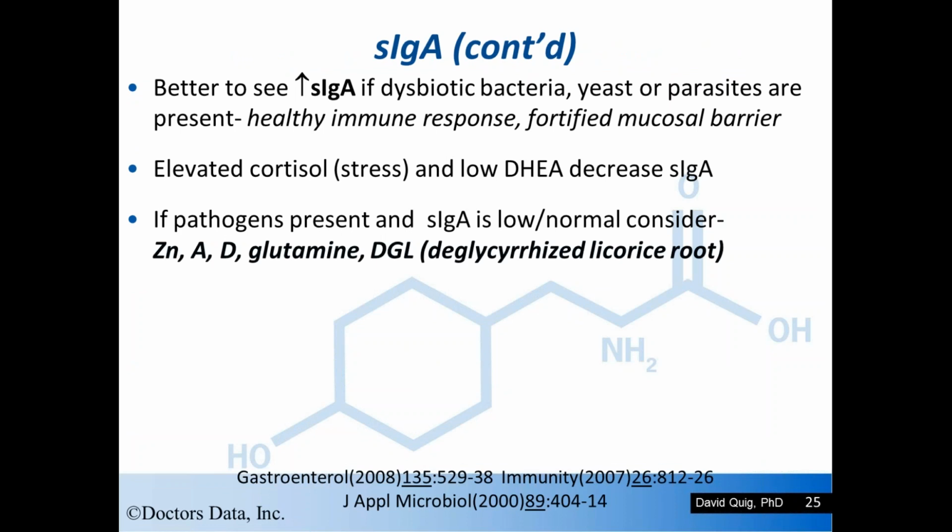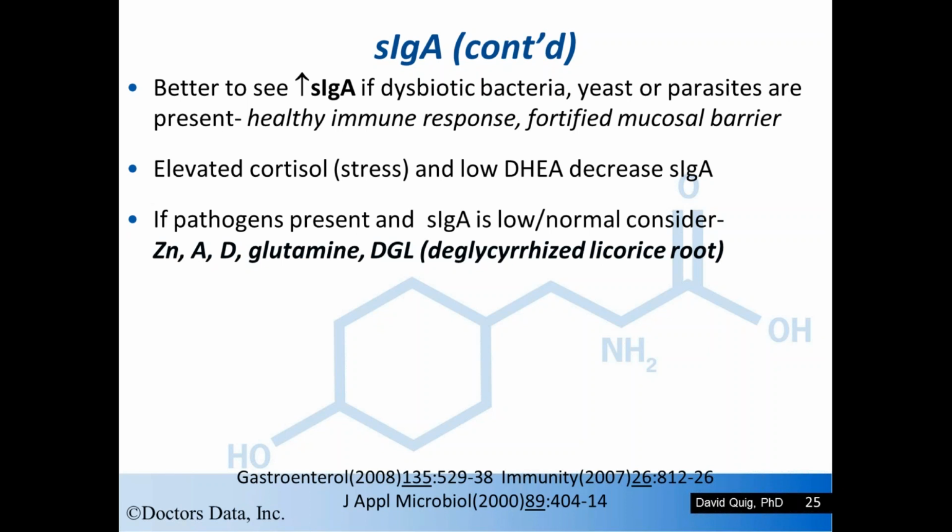That represents a healthy immune response, and we would have a more fortified mucosal defense barrier. Now, elevated cortisol, stress, and low DHEA are infamous for decreasing secretory IgA. So it's not uncommon for us to see no pathogens present, particularly those that secrete the secretory IgA protease activity.